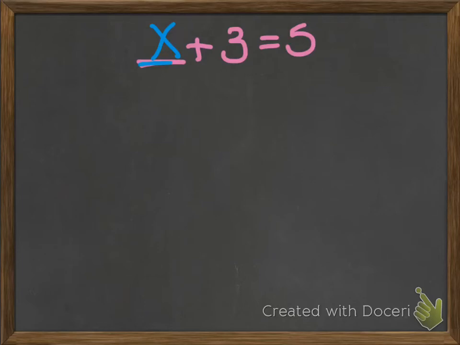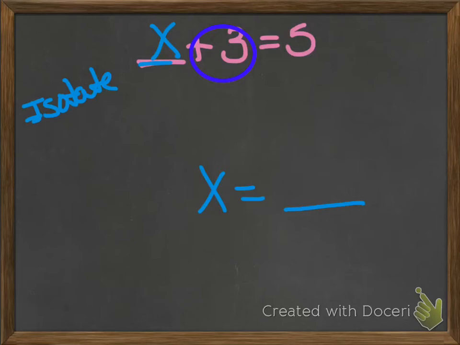So in order to find that, we need to isolate. If I want to get that x by itself, then I'm trying to get this 3 away. My goal is just to have x equals some number, that unknown value.